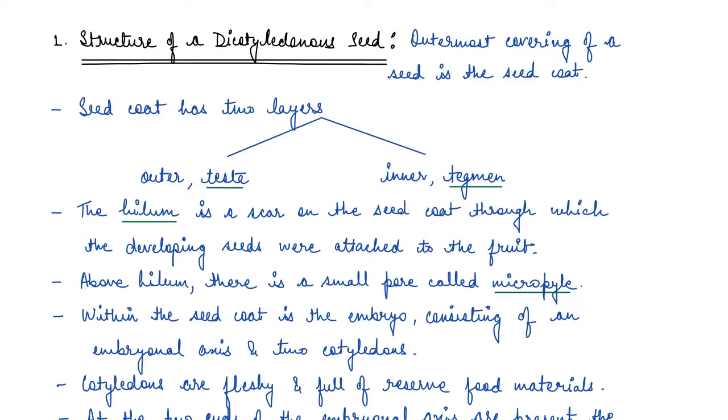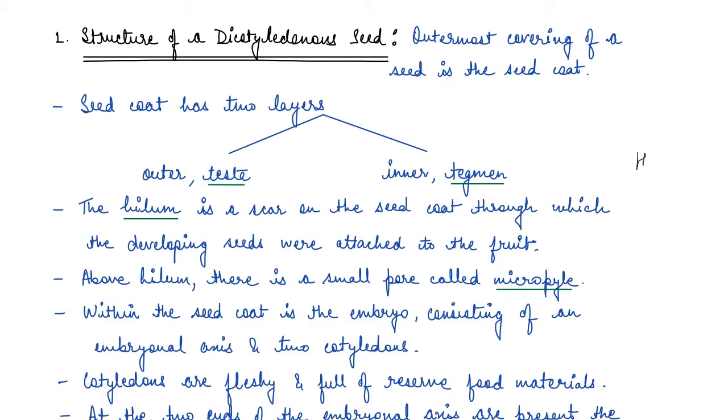Now, apart from that, there is a hilum, which is a scar on the seed coat through which the developing seeds are attached to the fruit. Now, above the hilum, there is a small pore, right?